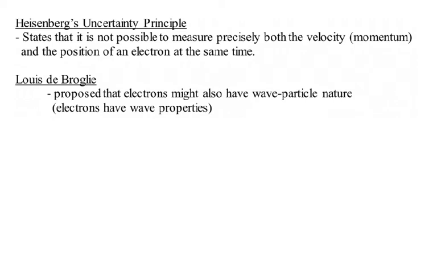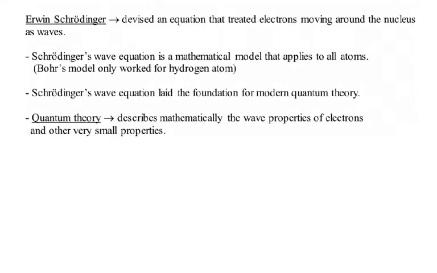Now, look how important this was. Once Schrödinger realized that electrons also had wave-like properties, he began to devise equations by treating the electrons moving around the nucleus as waves.